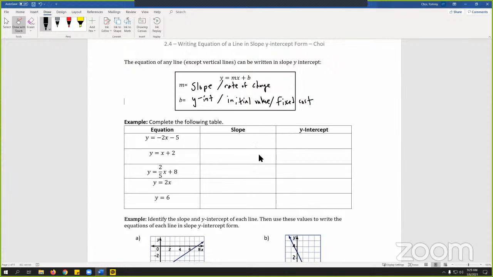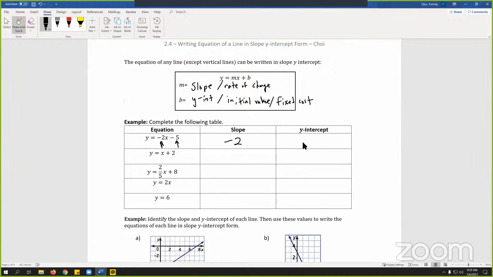Okay. So if I give you the equation, you should be able to get the slope and the y-intercept. I'm going to randomly pick names to answer these questions. I'm going to give you 2-3 minutes to just write down what is the slope, what is the y-intercept for each question. I'll do the first one for you. So -2, that's in the m position. So that's -2 is the slope.